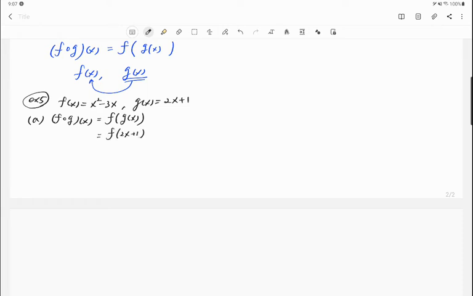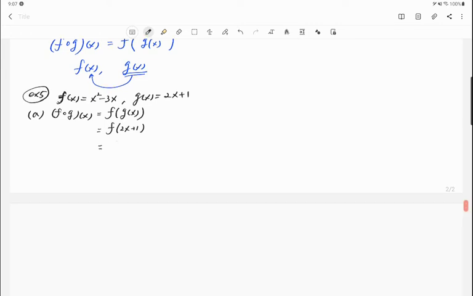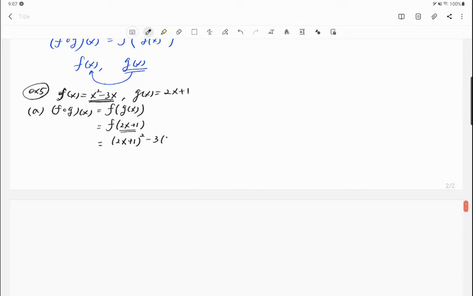Then we're going to replace x in the function f with this input value. So this is the f of x, right? This x will be replaced by this input. So x squared minus 3 times x, where x is 2x plus 1. Does it make sense?